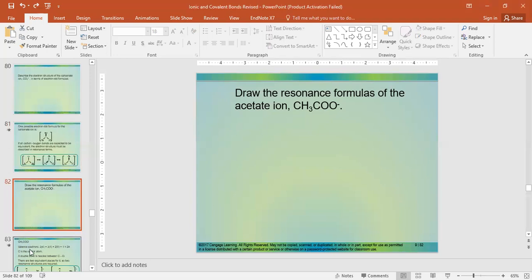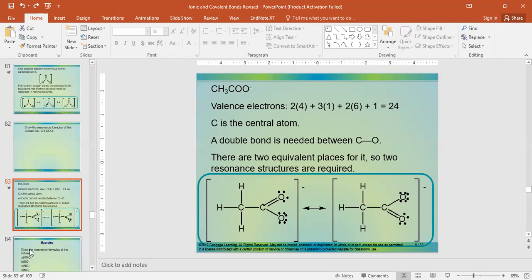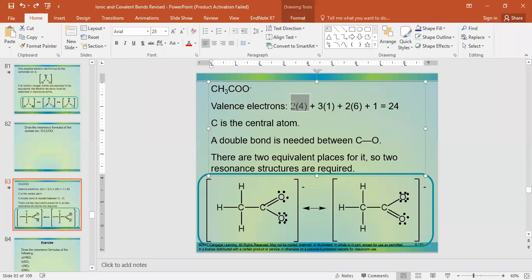And once you do that, that is explained in this slide. So you can see the valence electrons: there are two carbon atoms, and each carbon atom has 4 valence electrons. There are 3 hydrogen atoms, and each of them has 1 valence electron. There are 2 oxygen atoms, and each of them has 6 valence electrons.